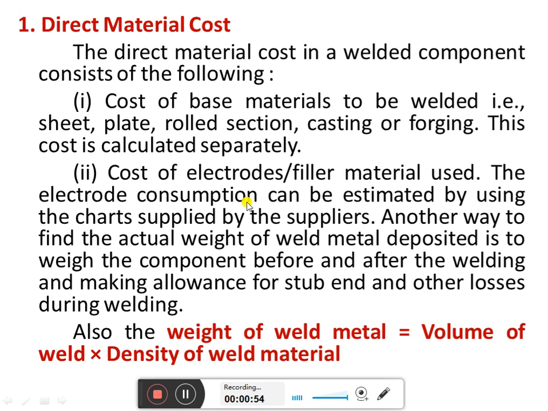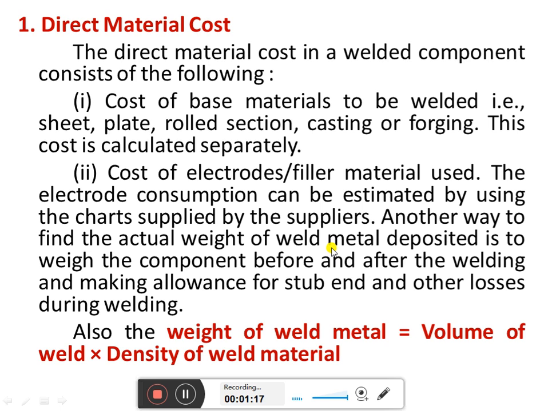The electrode consumption can be estimated by using charts supplied by the supplier. Another way is finding the actual weight of the weld metal deposited on the component, before and after the welding, and making allowance for stub end and other losses during welding.